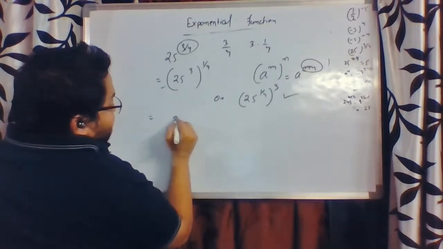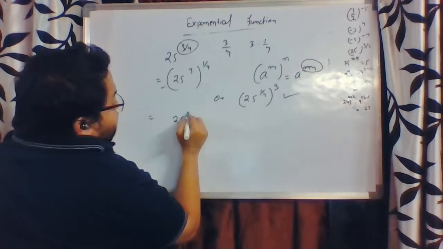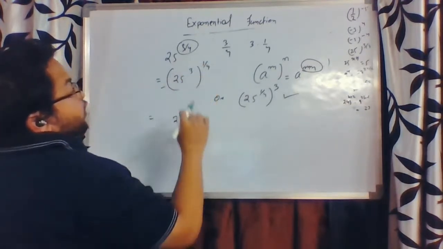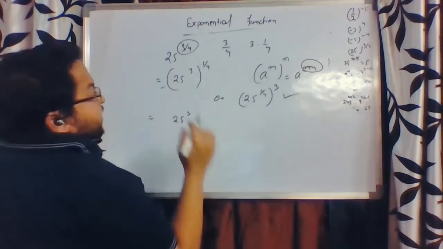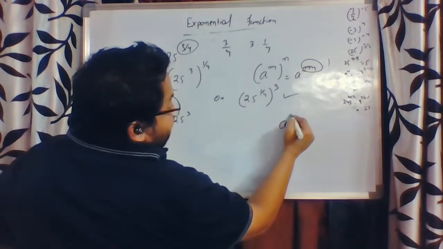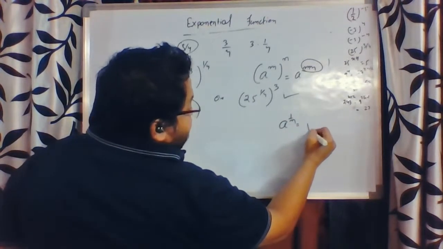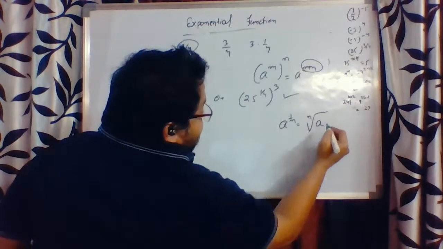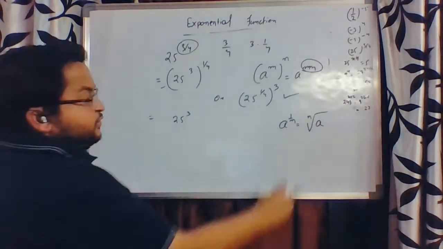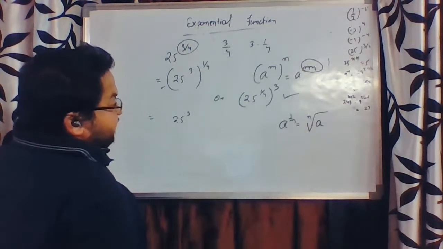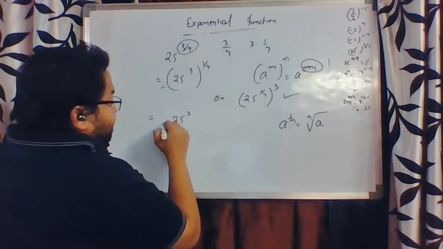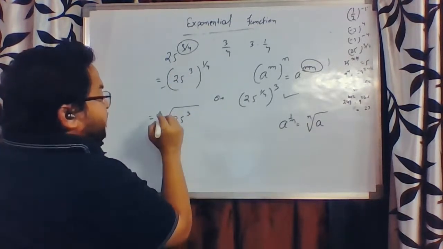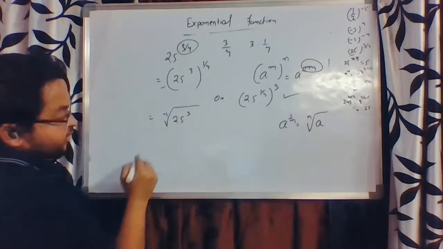Okay, so if I say 25 to the power 3, now what do we mean by power 1 by n? So we know a to the power 1 by n is nothing but nth root of a. So this we have studied as one of the properties in our first lecture. So I can write it as 25 to the power 3 and then the fourth root of that, right?